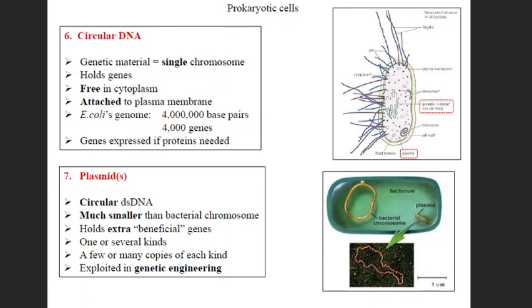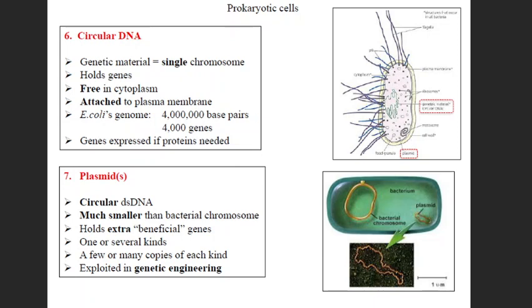For example, some bacteria have enzymes or genes present on the plasmid, which help them survive a particular condition. For example, an antibiotic resistance gene.